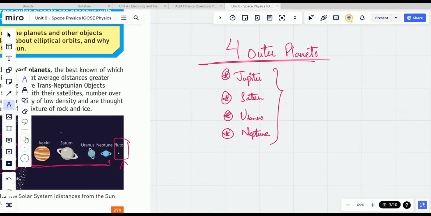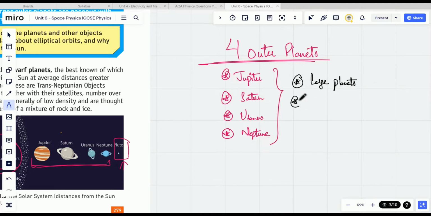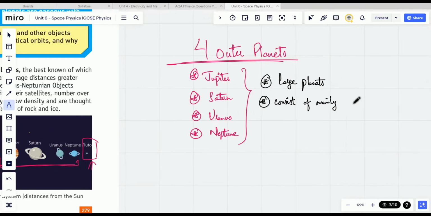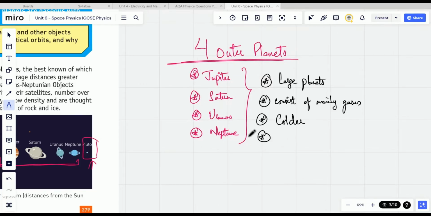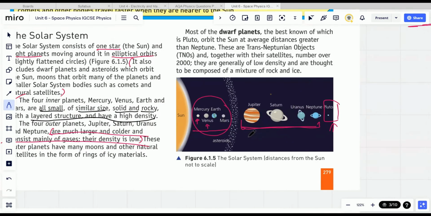What are the properties of them? These are the giant planets or the large planets of our solar system. They consist of mainly gases in their atmosphere. They are colder planets. And what was the last point? They have a very low density.